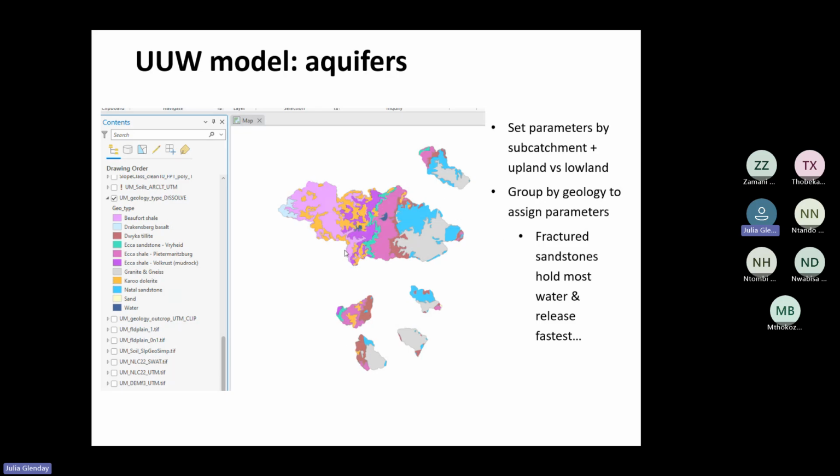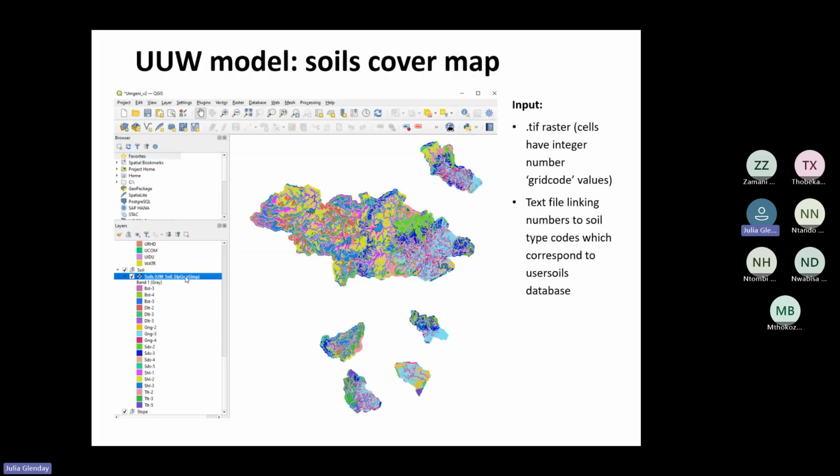So I overlaid that with the slope and the topographic position groupings, to make these combination soil types. So BST is for basalt, and then 3, 4, 5, those are different landscape positions.